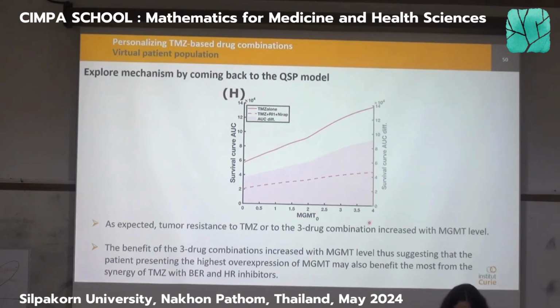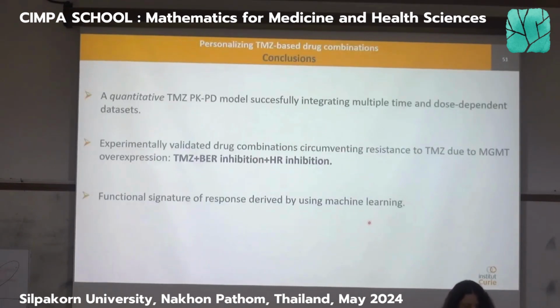Okay, with this I will conclude. What have we done here in part 3 of this talk? We have designed a quantitative QSP model of temozolomide PK and pharmacodynamics, and this model integrated multiple data sets which were both dose-dependent and time-dependent.